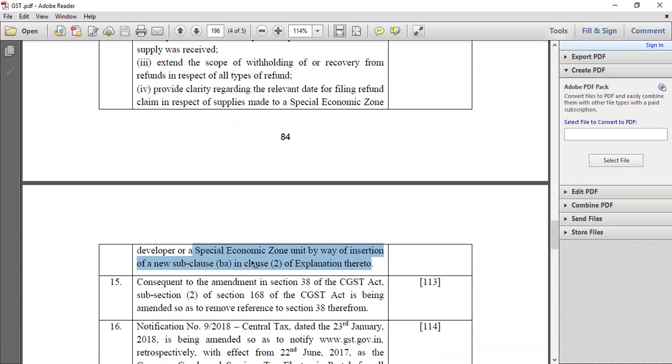If the special economic zone wants to get refund for a specified amount, and that specified amount has been shown in GSTR 3B for a particular tax period, then this special economic zone can claim refund within 2 years from the date of filing of that particular GSTR 3B.